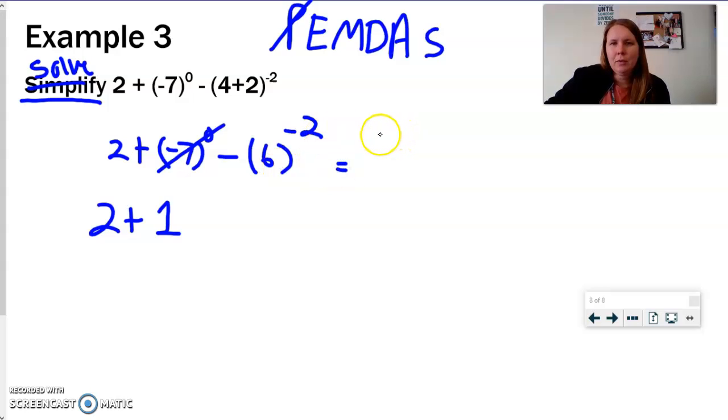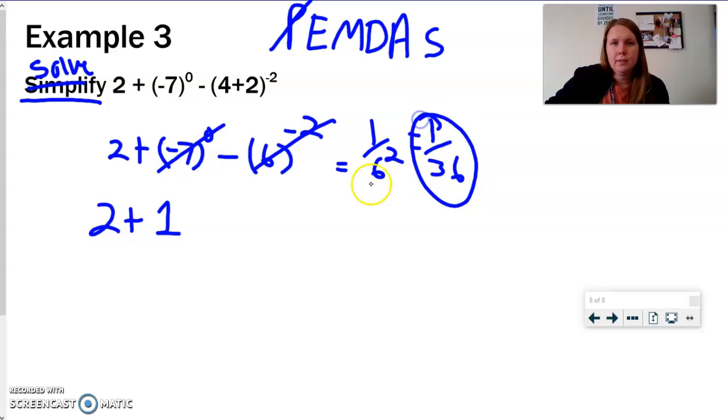Remember, that means I am going to put that 6 on the bottom. It's a lot like a fraction, and I'm going to have 6 squared on the bottom. So when I solve this out, 6 times 6 gives me 36. So this part turns into this, and so now I'm going to have to subtract 1/36.